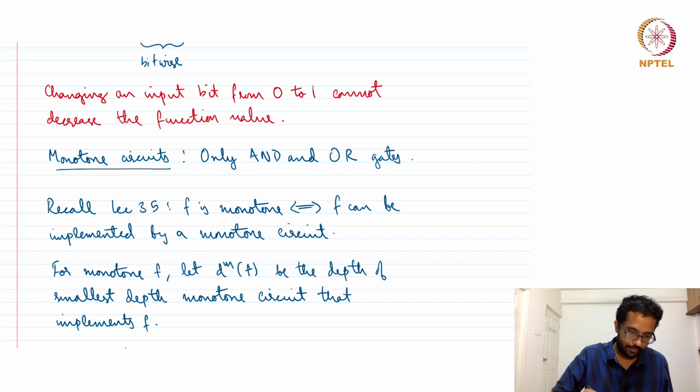In fact, we had seen these definitions in lecture 35. There was also an exercise where I had asked you to verify that a function f is a monotone function if and only if it can be implemented by a monotone circuit.